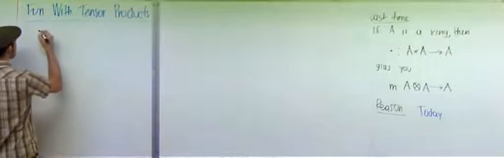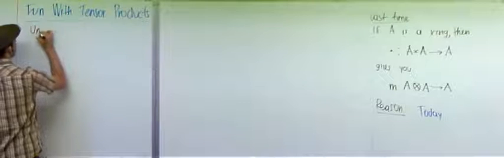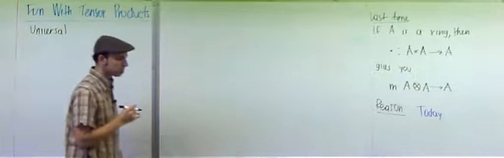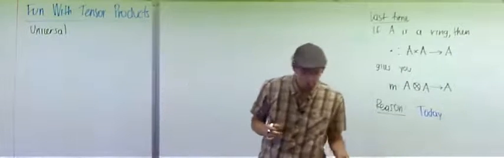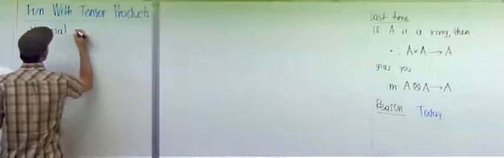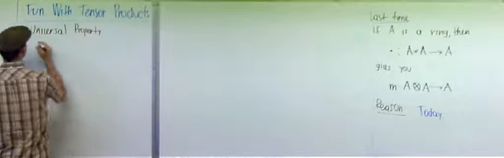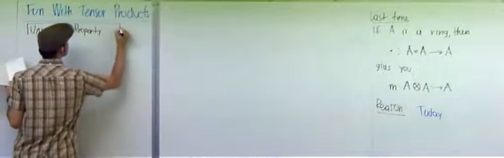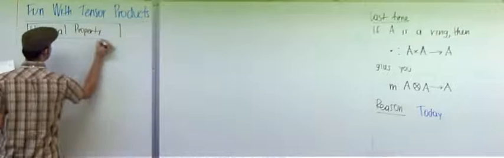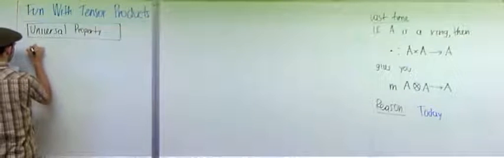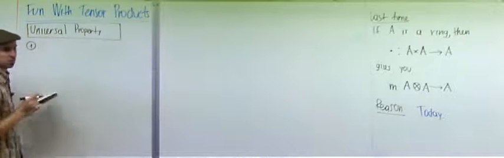Here's an extremely important property of tensor products, the universal property. The universal property of tensor products consists of two things.